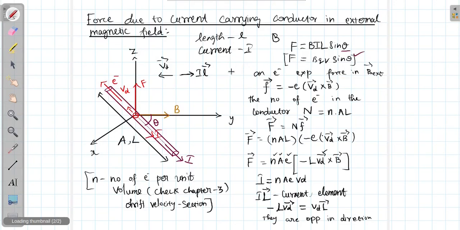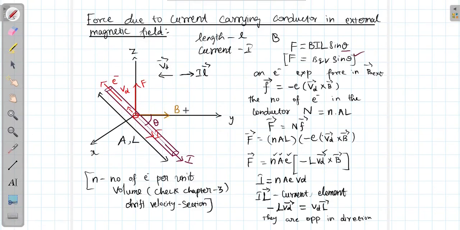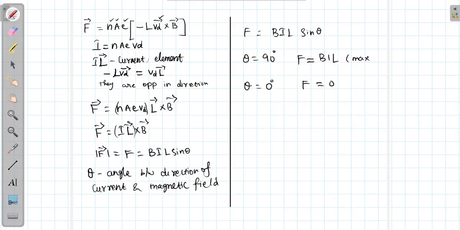It means that it is perpendicular. So when the conductor is kept along the x-axis, you will get the maximum force. When theta equal to 0, it is parallel to the magnetic field, the force equal to 0. So when the conductor is placed along the y-axis, the force is 0. That's all.